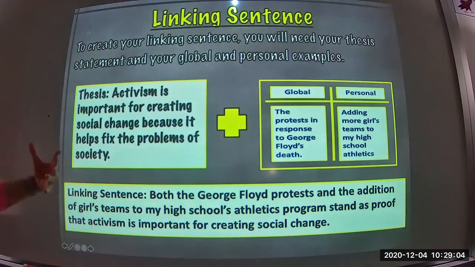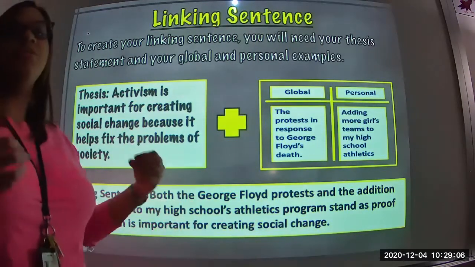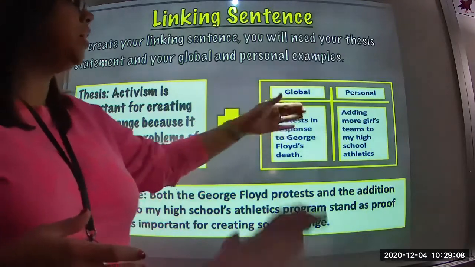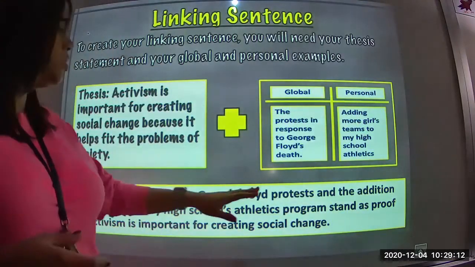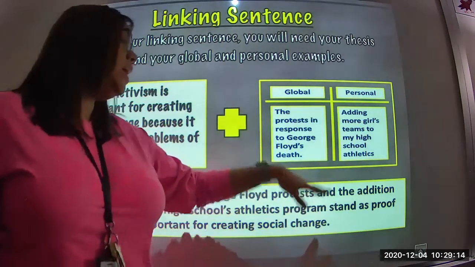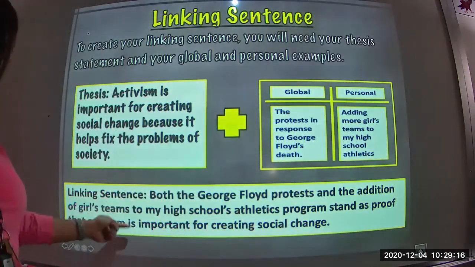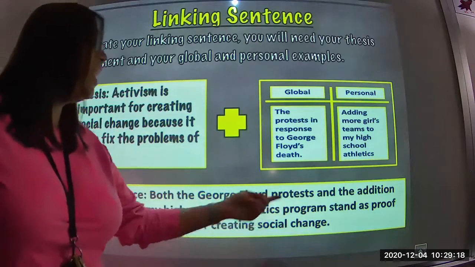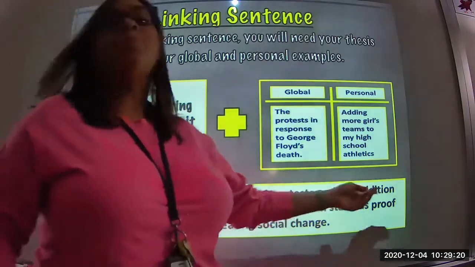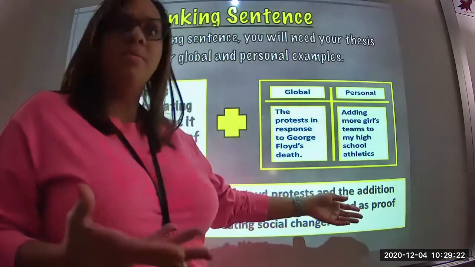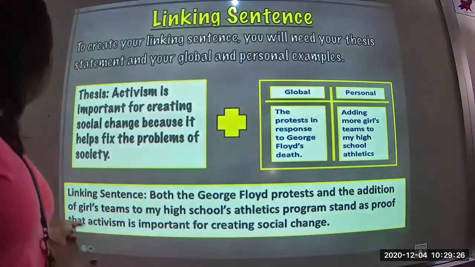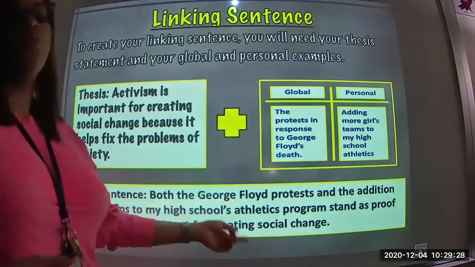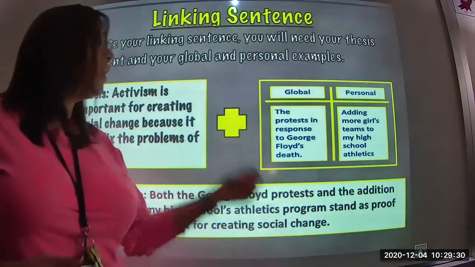So it'll look like this. We have to acknowledge, it's important for you to acknowledge both examples that you used. So both the George Floyd protest and the addition of girls' teams to my high school's athletics program stand as proof, or their evidence, because that is the evidence you use, stand as proof that activism is important for creating social change.